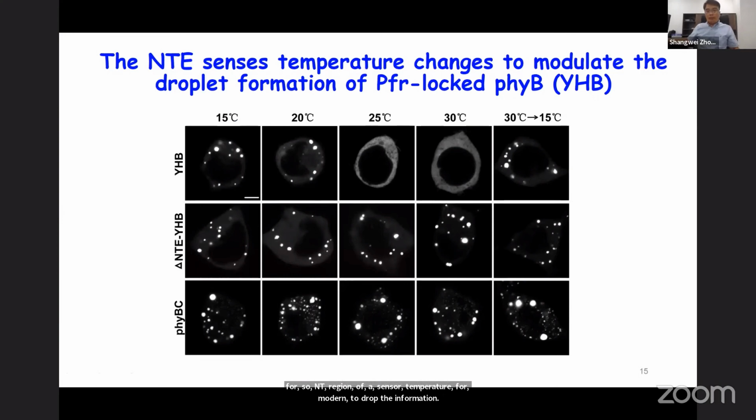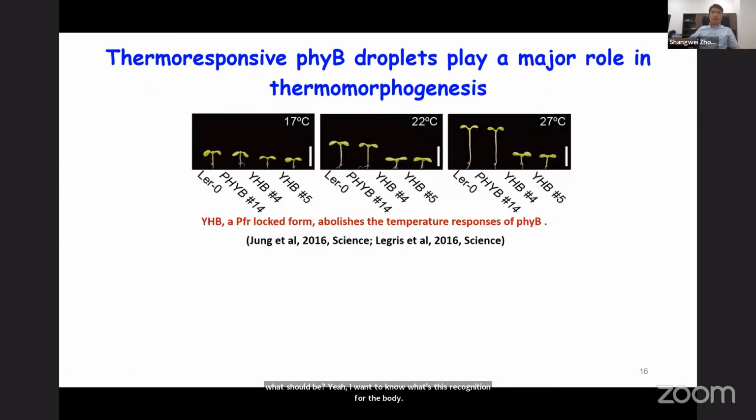Then we want to know whether this regulation of foci formation has a physiological function. In previous studies, they have shown that transferring YHB into the Phy mutant, the transgenic plants still do not respond to temperature.